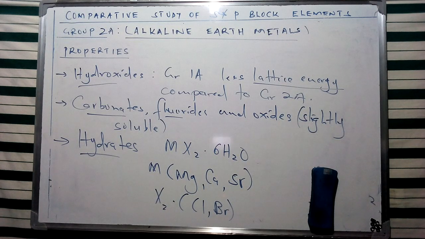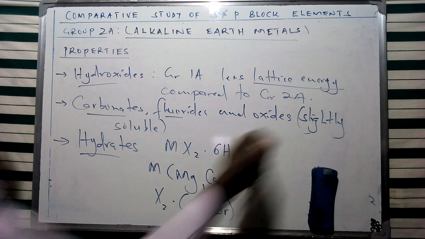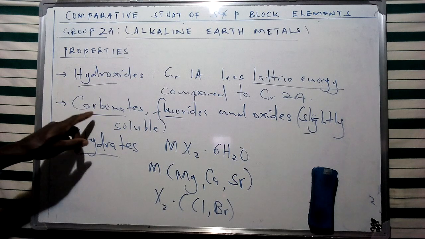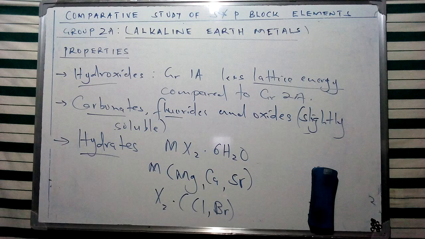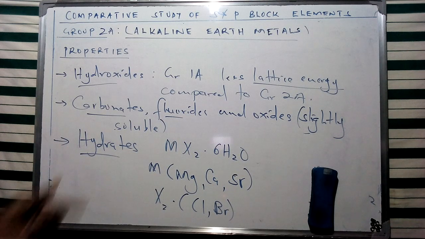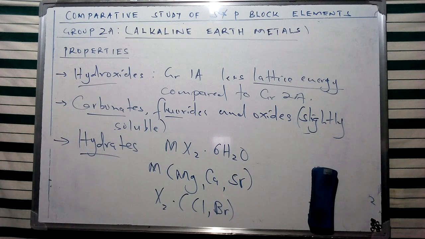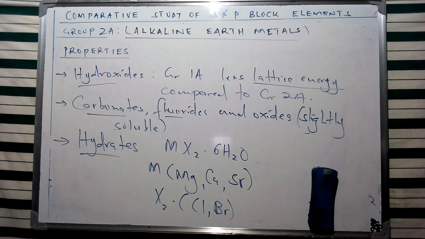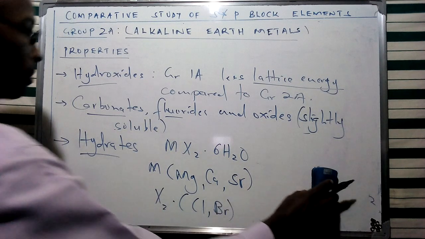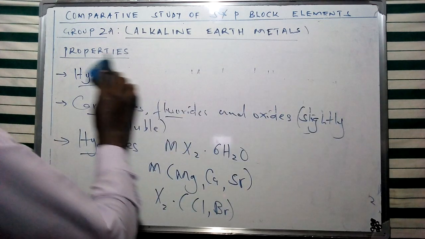Now, in this case, I mentioned the concept of solubility, and I mentioned the concept of carbonates. Therefore, we are also going to see that the sulfates of these group 2 elements are also going to display a characteristic, but in this sense, they are going to be insoluble, in contrast to the slight solubility we have given earlier.